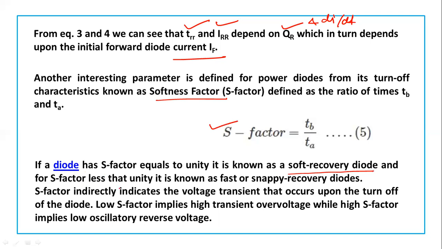For S factor less than unity, it is called a snappy or fast recovery diode. S factor indirectly indicates the voltage transient that occurs upon turn off of the diode. Low S factor implies high transient reverse voltage, while high S factor implies low transient reverse voltage. So S is equal to TB by TA.